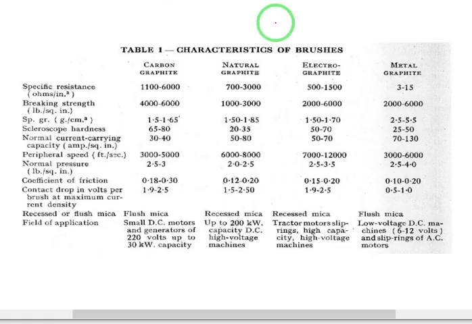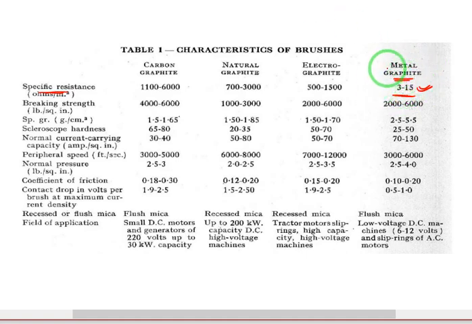You can see here, this is the metal graphite brush. For this, the specific resistance is 3 to 15 ohm meter.